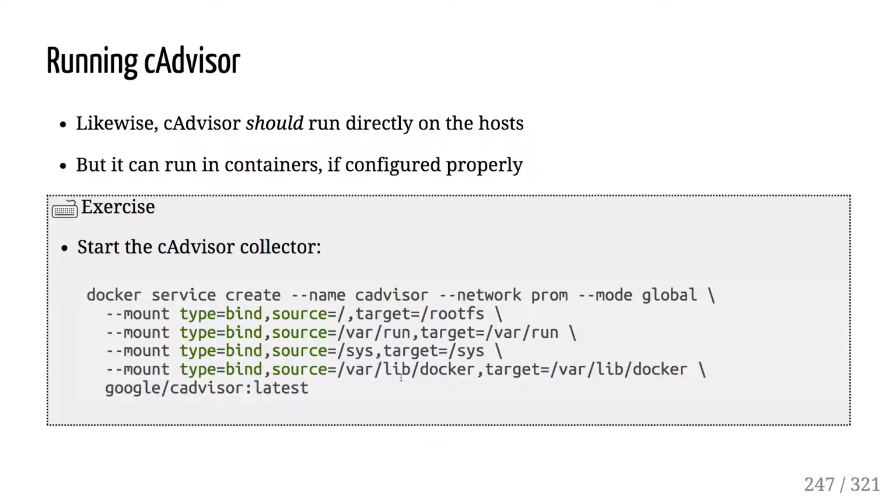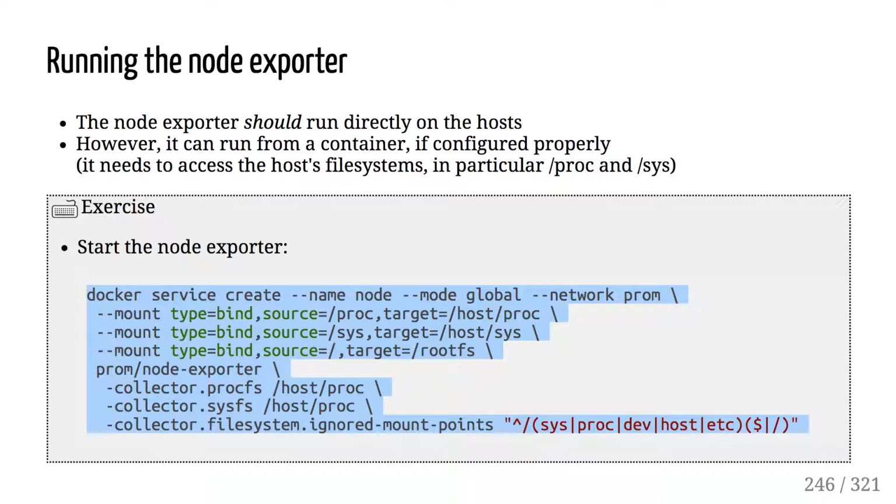If you wonder, how did you guess which things you needed to map? I just went to the cAdvisor webpage, and they give an example using Docker run, and I just translated the format of the Docker run parameters for the Docker service parameters, and that's it. And same thing for the node exporter.